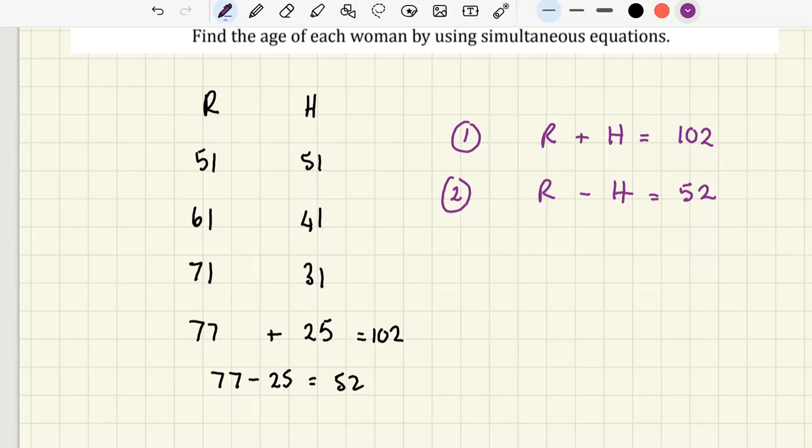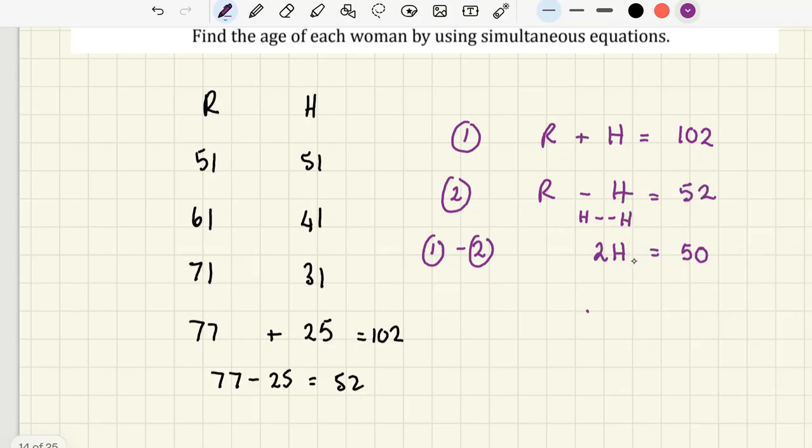Well, your R's are the same, so we could subtract to get rid of the R's. This is bigger than this, so let's do equation 1 subtract 2. So we've got positive H subtract negative H, which gives you 2 H's, H plus H, and that equals 50, because 102 minus 52 is 50.